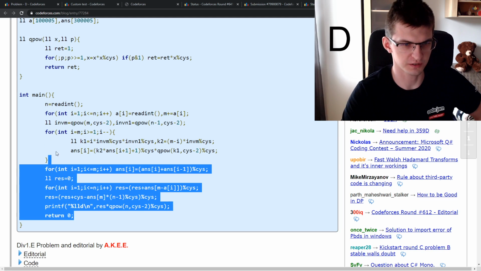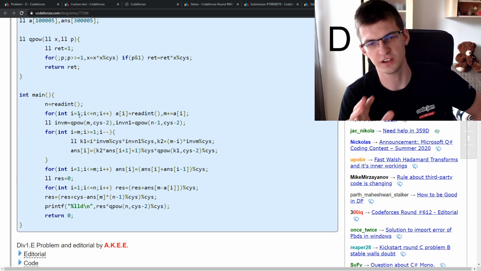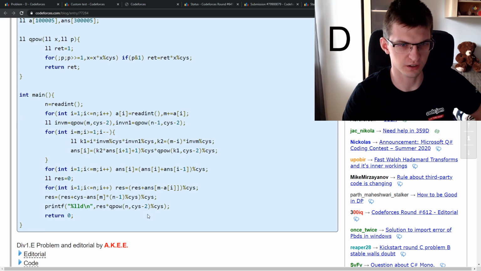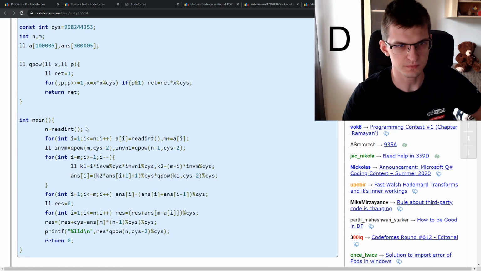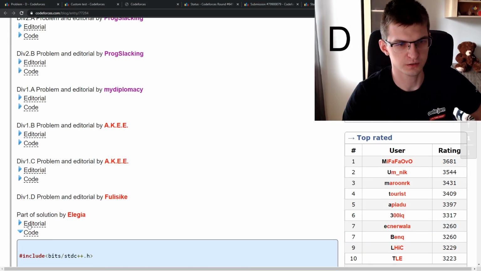Of course, this code is ugly. The organizers of contests should be forbidden from putting something like this in an editorial with some random names. But this is a solution. So for that, I need to read this.